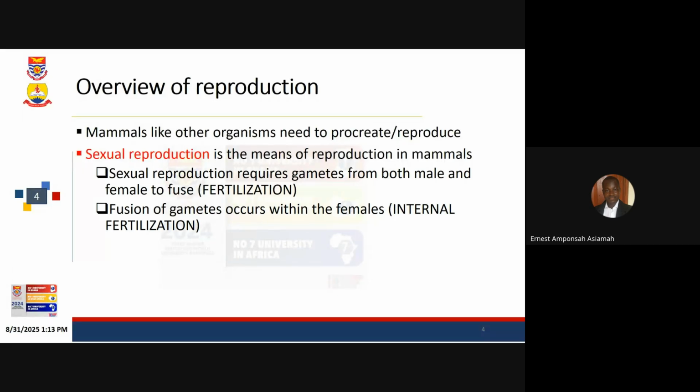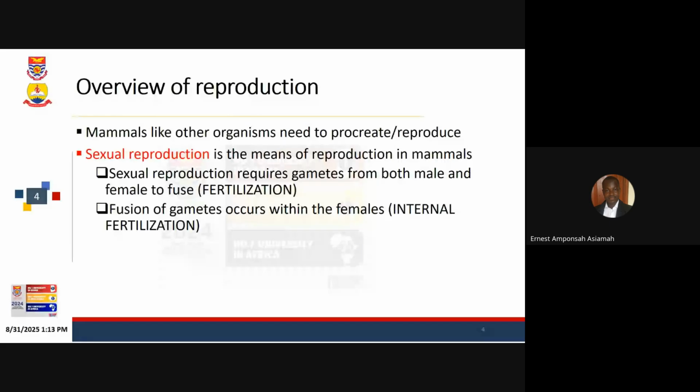I've indicated that mammals, like other organisms, need to reproduce or procreate, and the means of reproduction in mammals is what we term sexual reproduction. There is another form of reproduction, which is asexual reproduction. Now, in sexual reproduction, the gametes come from the male and female of the species, and these gametes fuse.